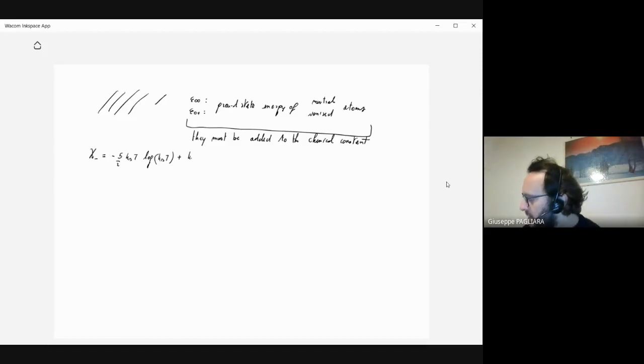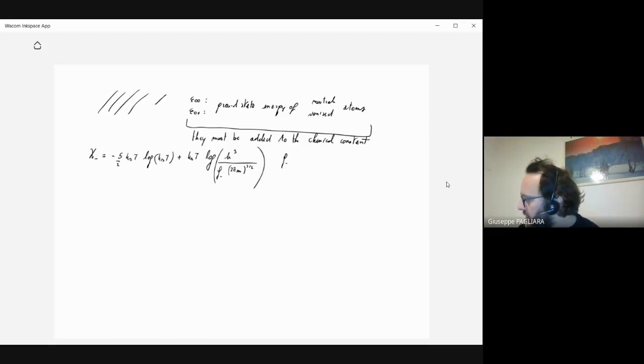Then there is a plus kBT, and here we have the log of h to the power of 3, here we have g minus, I will tell you in a moment what is g minus, and 2 pi m to the power of 3 half.